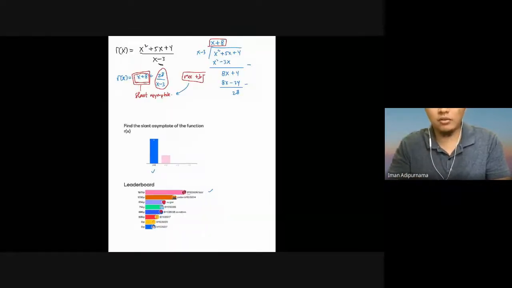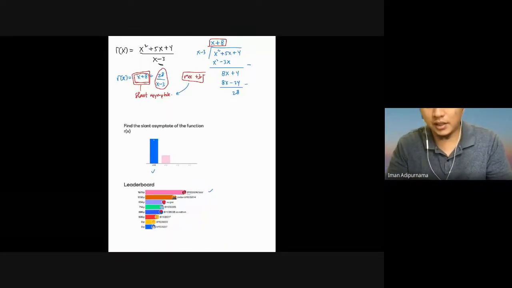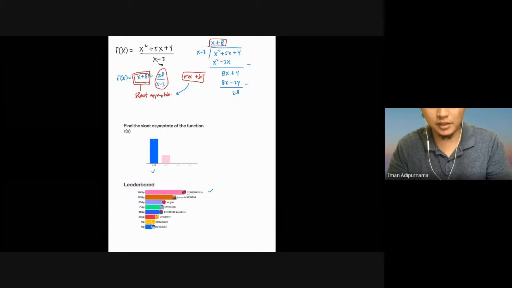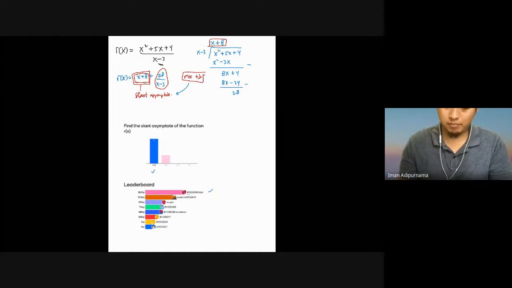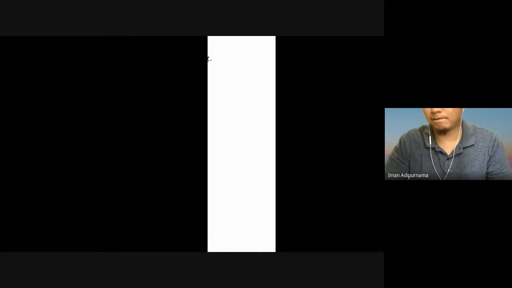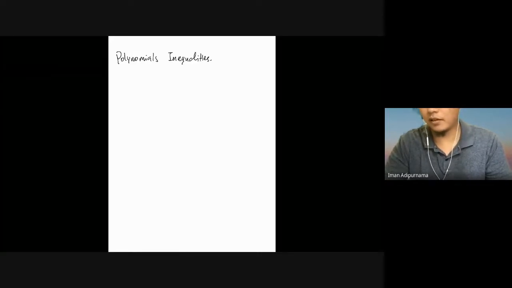Now there's one last section about polynomials. I think this last section is not too complicated. It is about polynomial inequalities.